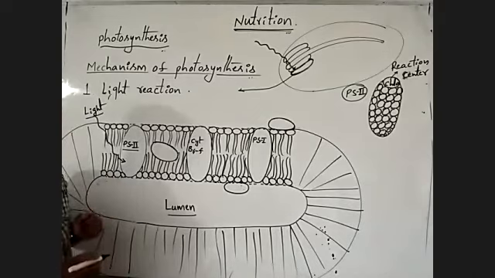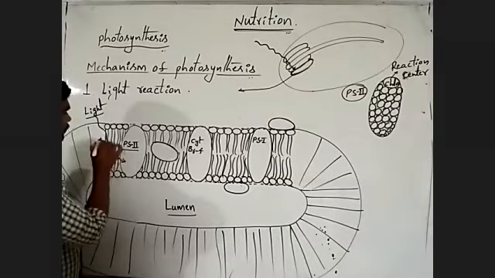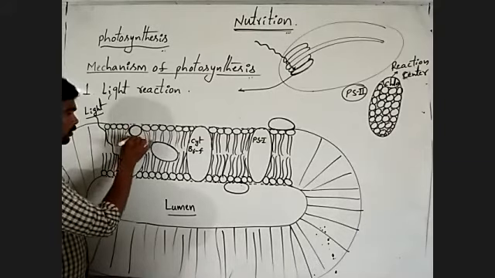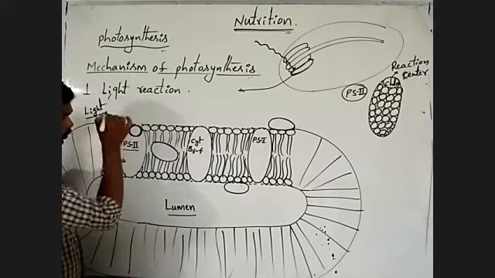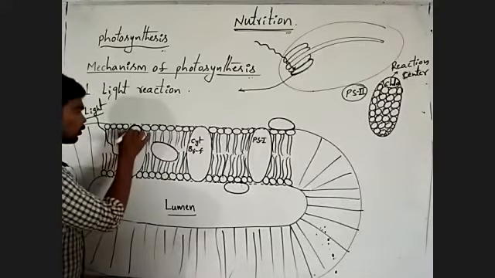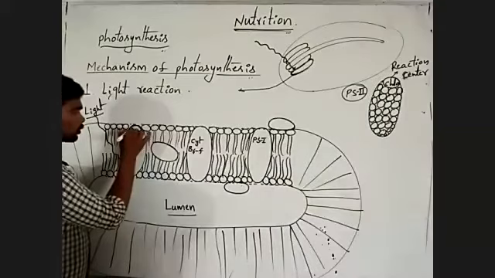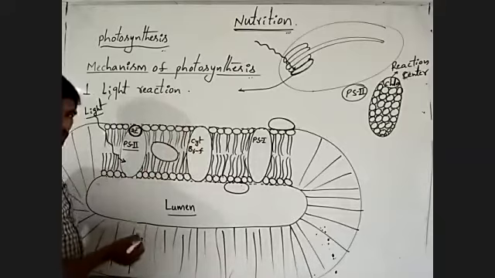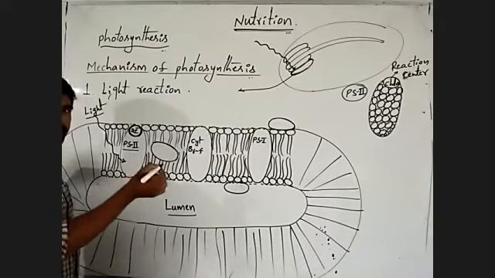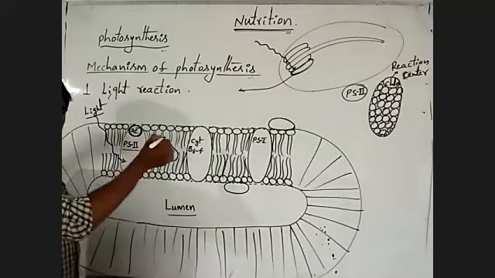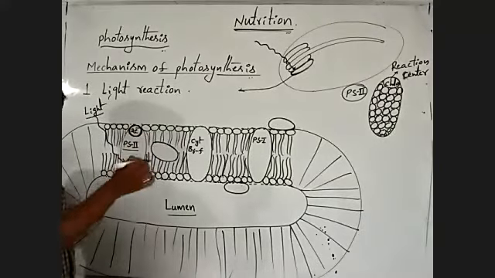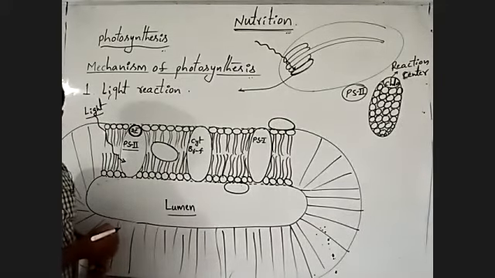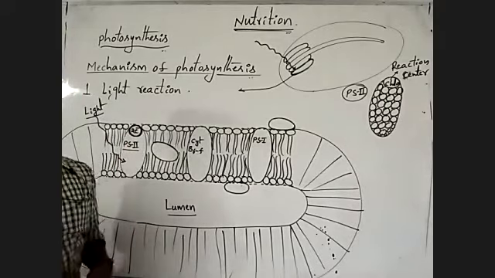Because of the light energy, in one chlorophyll A molecule two electrons are excited, and they move to the outer orbitals of that molecule.